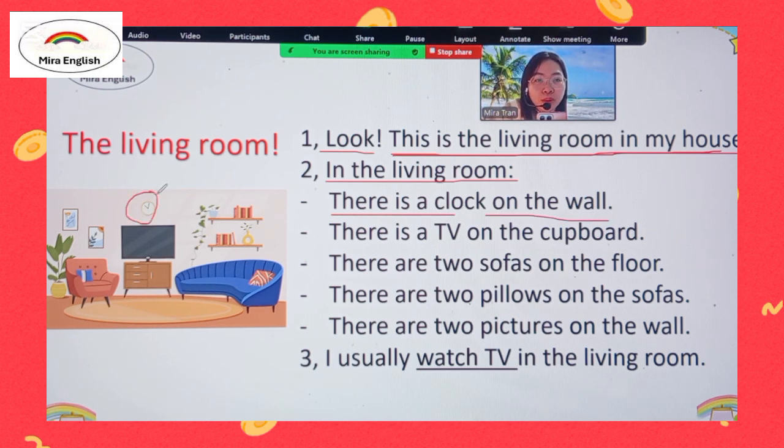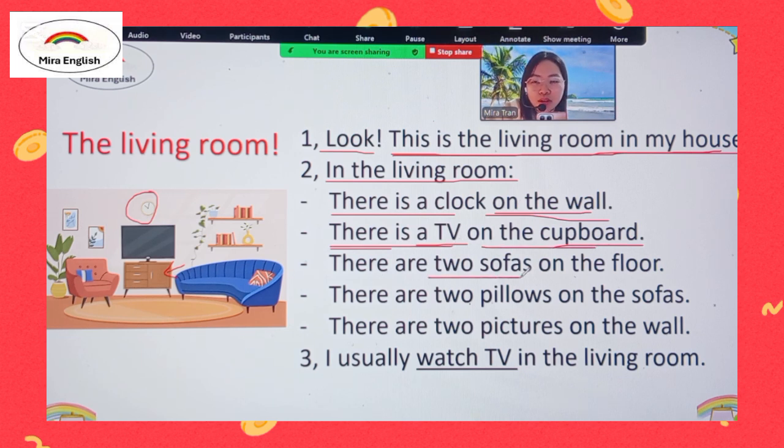Tức là có một cái đồng hồ ở trên tường. Okay? There is a TV on the cupboard. Cupboard là cái tủ đựng đồ nha các bạn ơi.